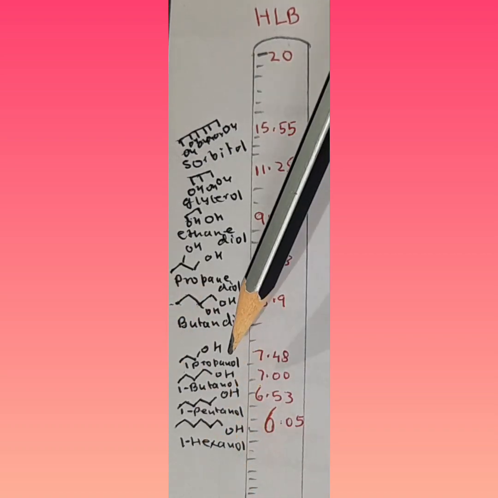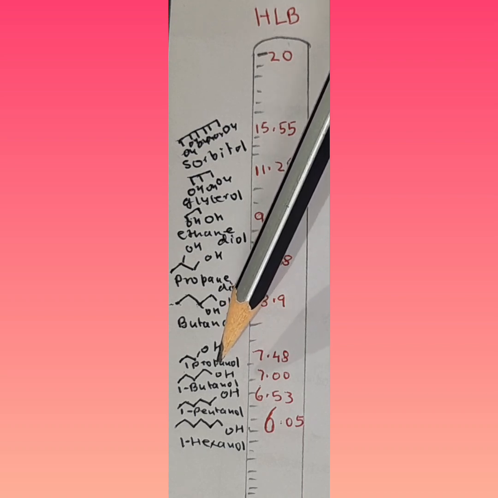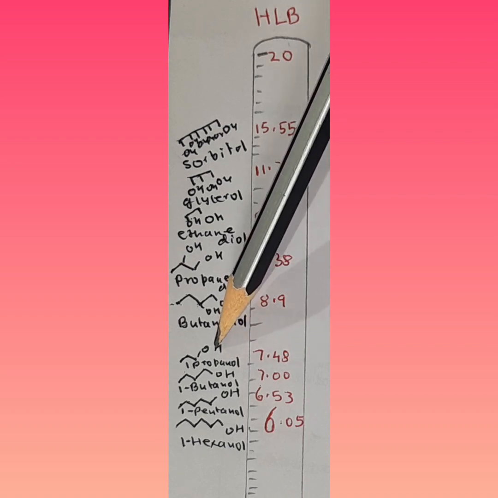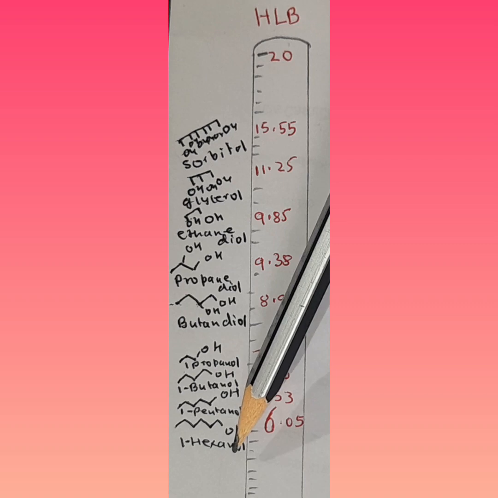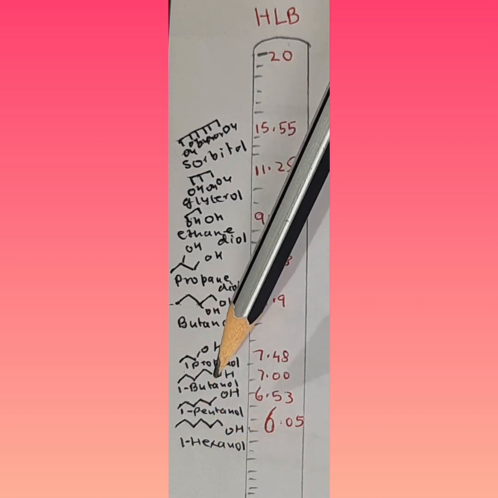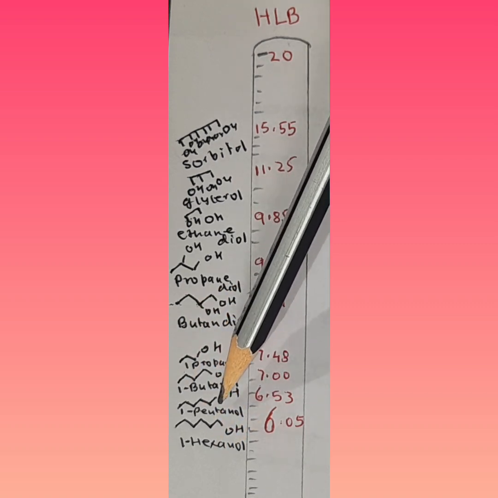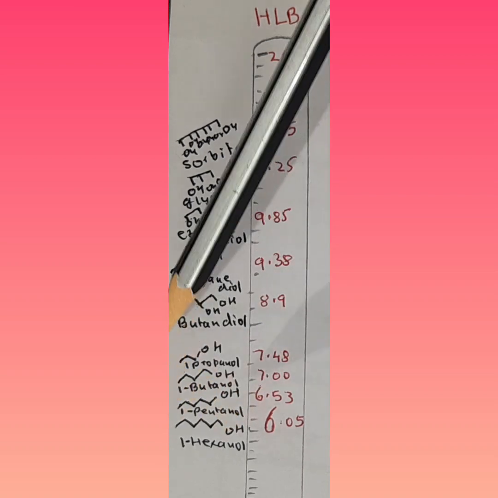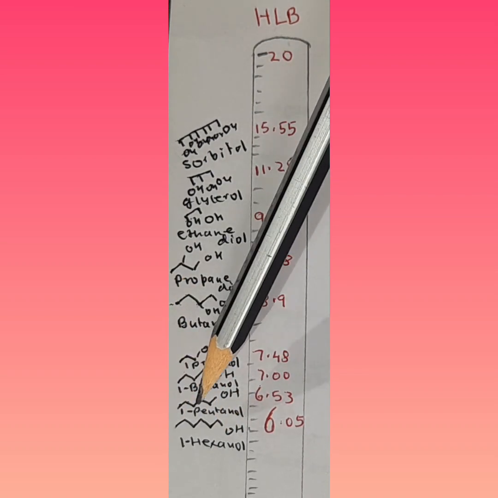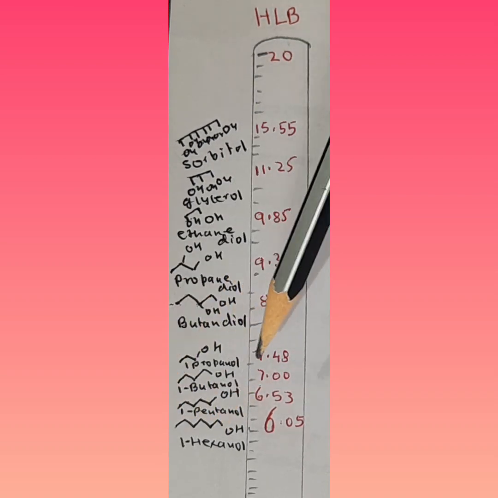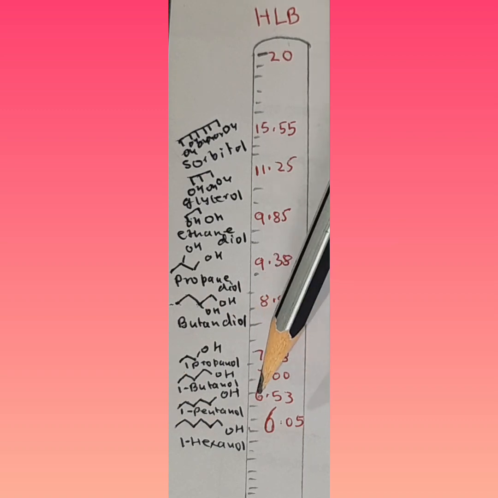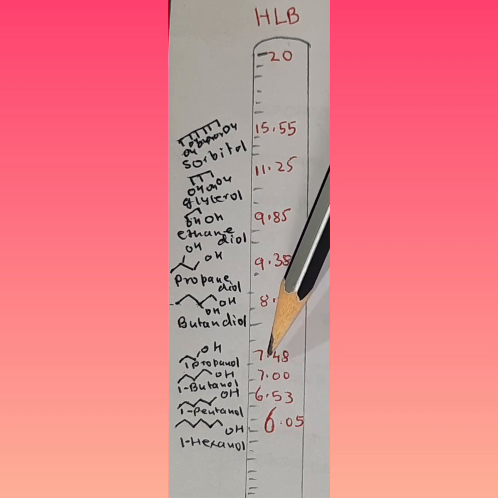Just for simplicity, I have taken the example of monools: propanol, butanol, pentanol, hexanol. 1-propanol, 1-butanol, 1-pentanol, 1-hexanol. And I've given you their HLB values. If you check the HLB values, we'll find that they keep on decreasing.